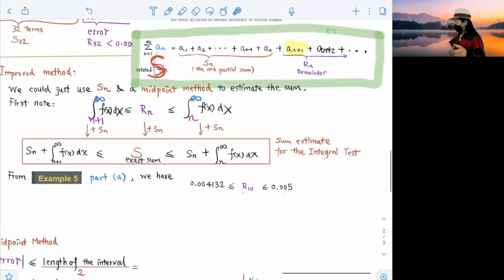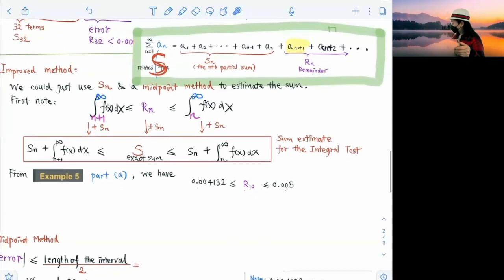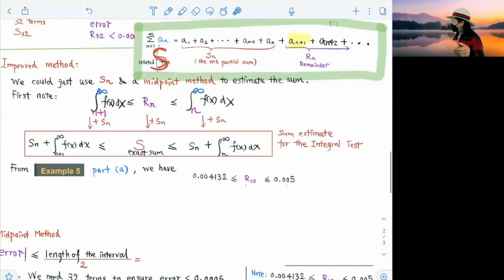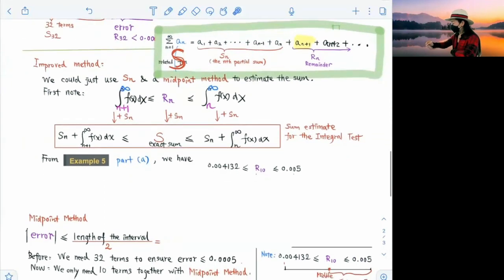Now from part A, we already got this result. We know that R10, using the first ten terms, is no more than this and no less than this. Now after that, you don't need to go beyond 10. We're going to use the midpoint of these two numbers.